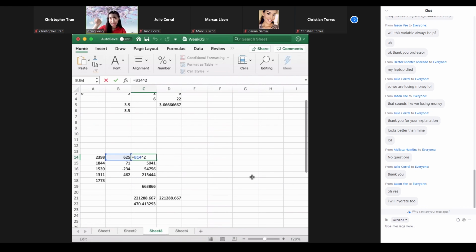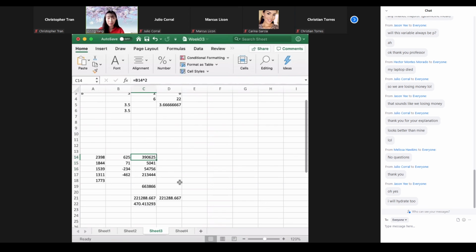See that exponent sign, that raises it to the second power. Type 2, meaning raise to the second power. That's how you square a number. So we have to do that for all the deviations. Let's see, first, second, third, fourth. So that's the squared deviation for all 4 numbers.